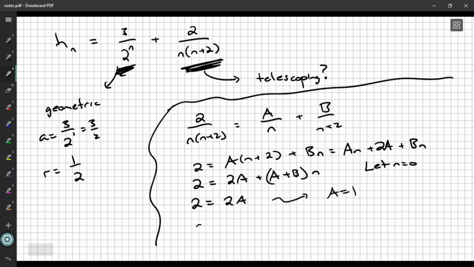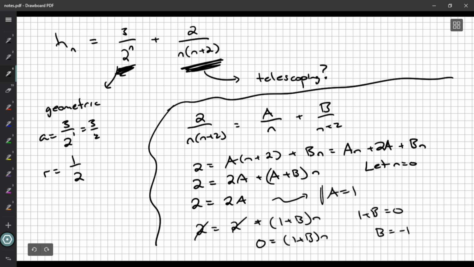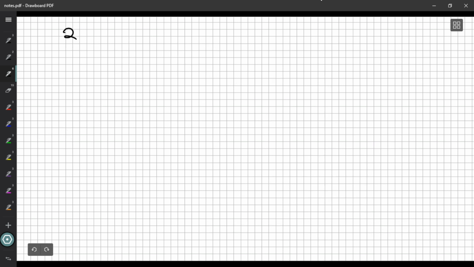And then, well, what's our expression? 2a is just 2 now, and 1 plus b times n, but there's 2's over here. If we cancel out the 2's, we see that 0 is 1 plus b times n. This should be true for any n. The only way that can work is if 1 plus b is 0, so b is negative 1. So returning to this particular part, what have we got?